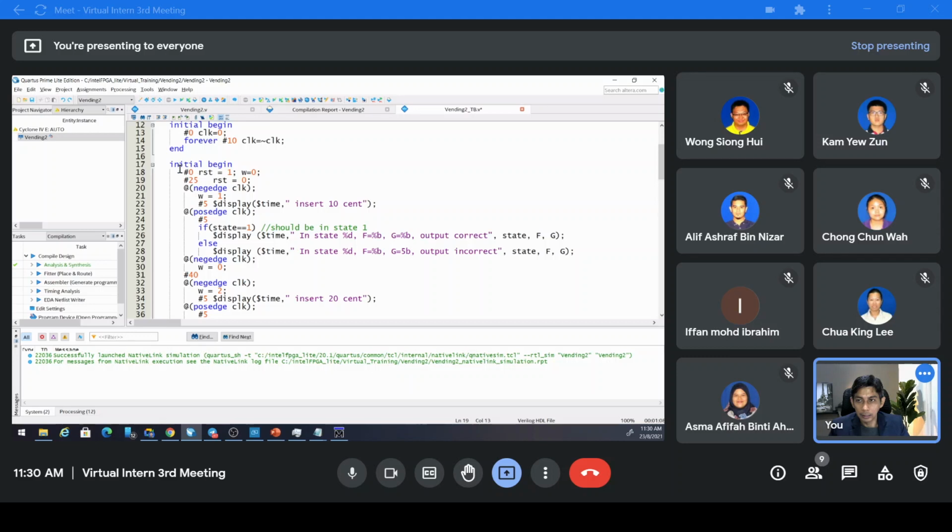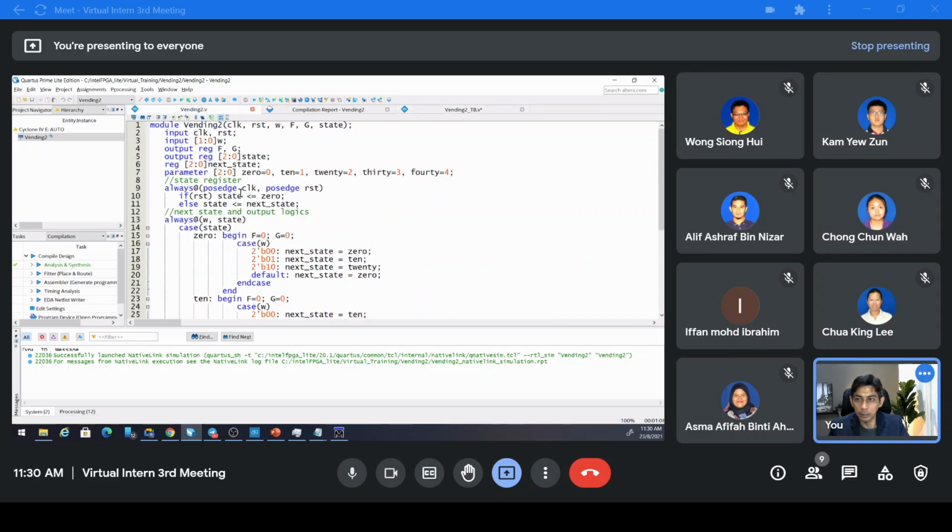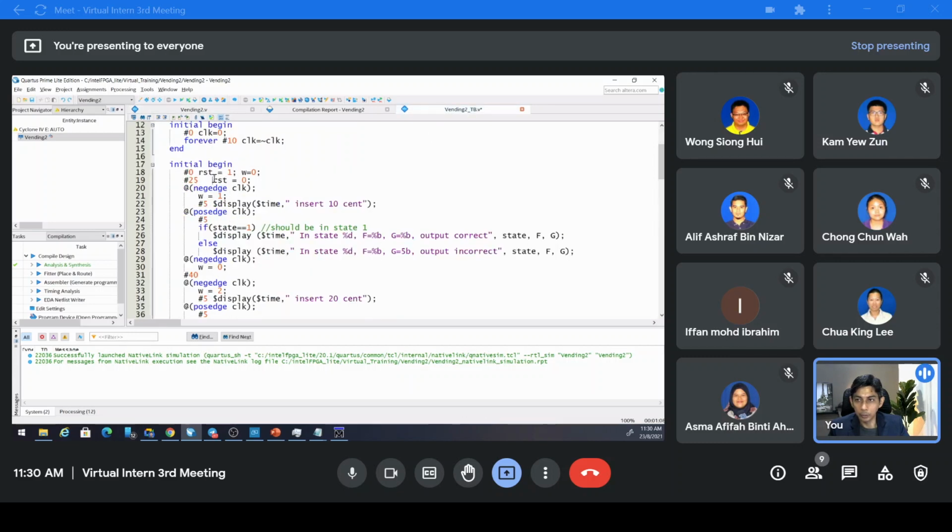Here, I start with this, where at time 0 I reset my circuit. This is how to reset. Why is reset equal to 1 a reset? Because according to this, our reset is active high, which means that if it is 1, we reset. Also, there is no input yet, which means W equals 0 at time 0.